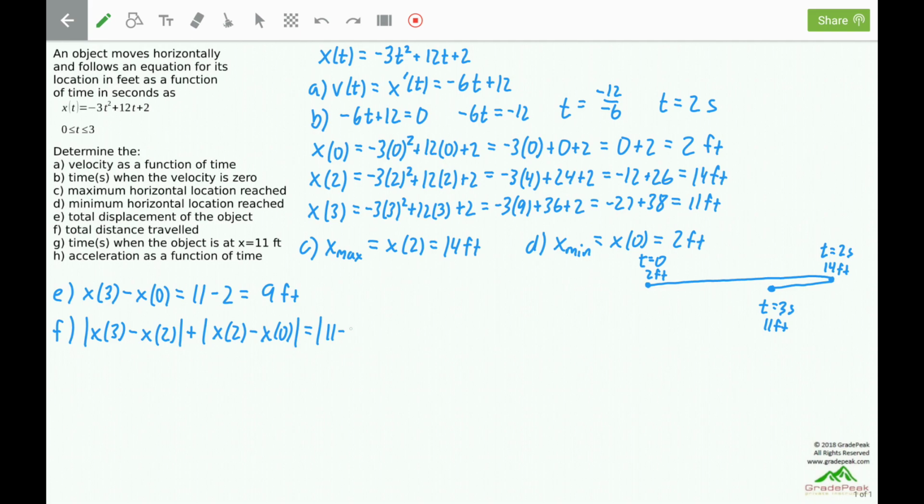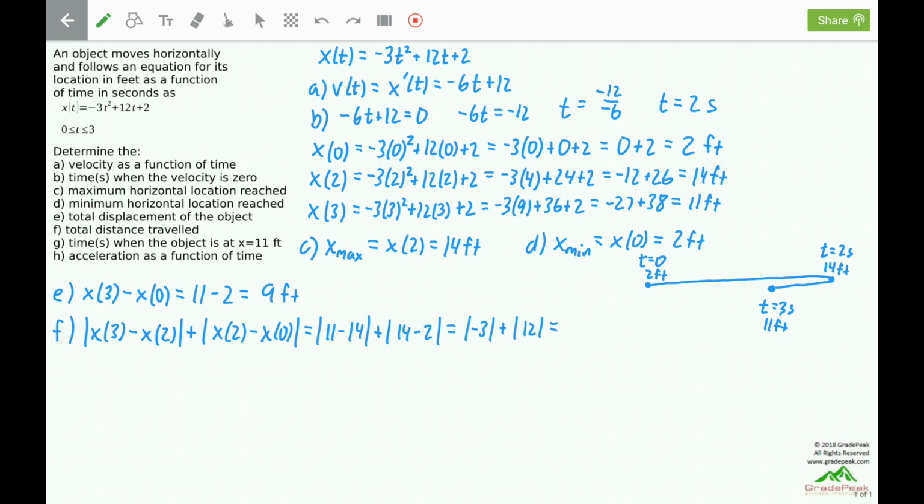X of 2 is a 14, and x of 0 is a 2. 11 minus 14 is a negative 3, then absolute value, plus a 14 minus 2, which is a 12.